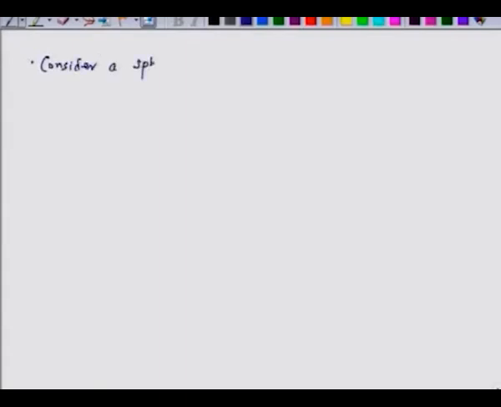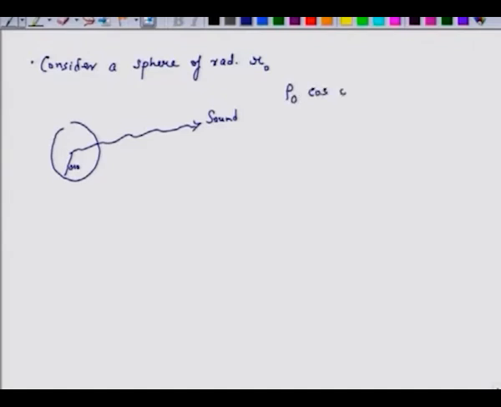a sphere, and the radius of that sphere is r naught, and that r naught is very small. So, sphere of radius r naught, and this particular sphere is emitting sound waves, and what we know is that on the surface of the sphere, the pressure is P naught cosine omega t.